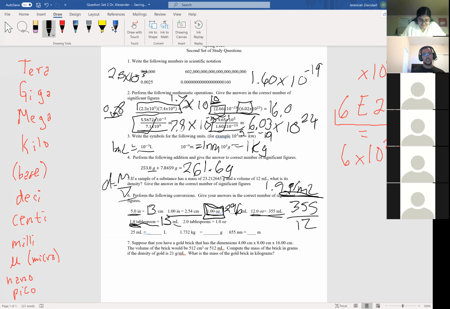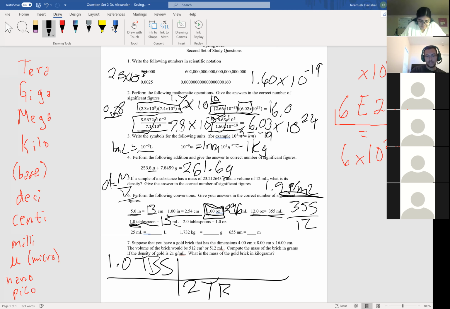Wait, can you explain how you got there one more time? I got lost in the math. So basically, we started off with the 1 tablespoon, TBS. And then from there, we converted from tablespoons to ounces.